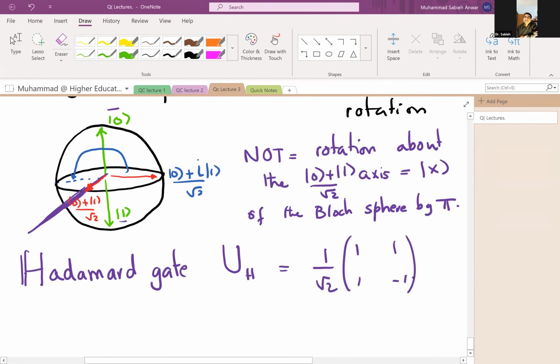Therefore, it must be described by an axis of rotation and an amount of rotation. So I would like to start off the next class by asking you to just look at the truth table of the Hadamard gate and explain to me what kind of rotation it is on the Bloch sphere. Thank you very much.